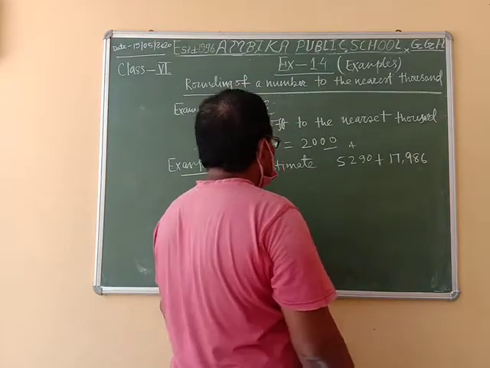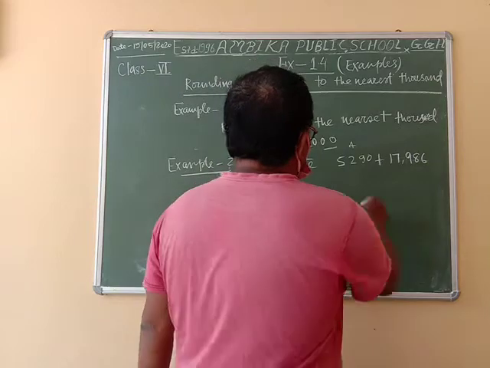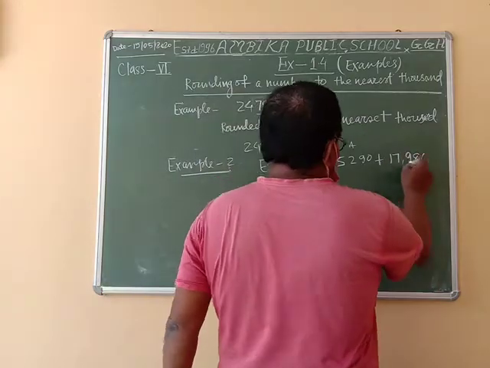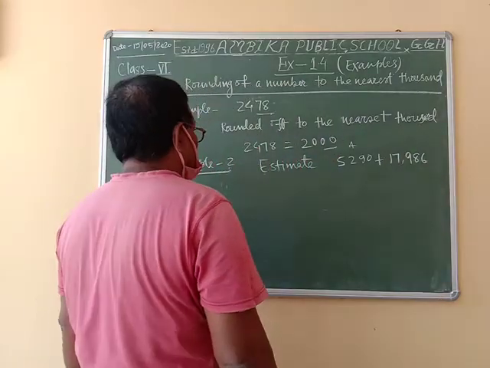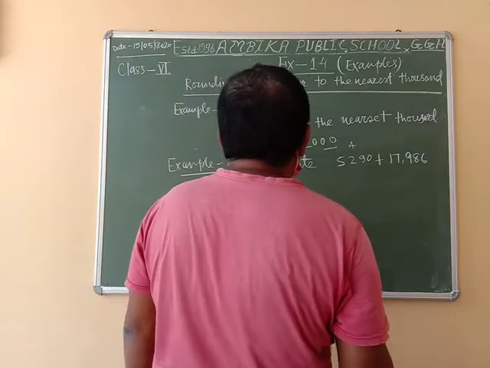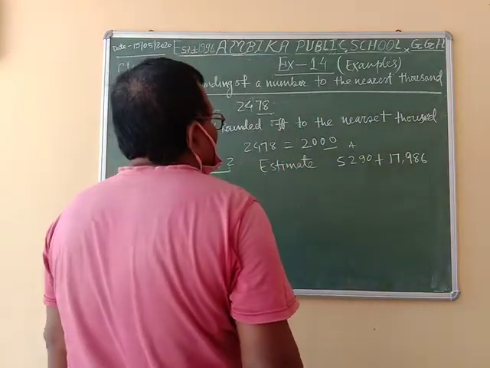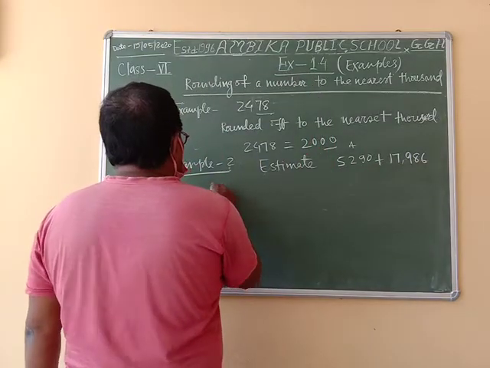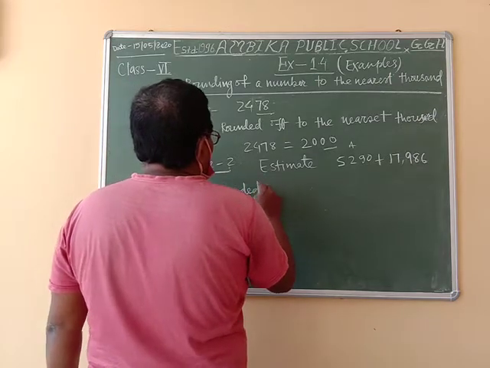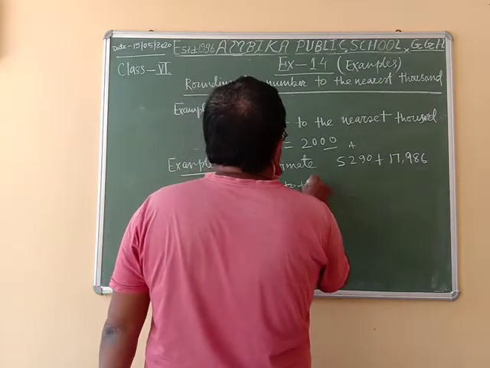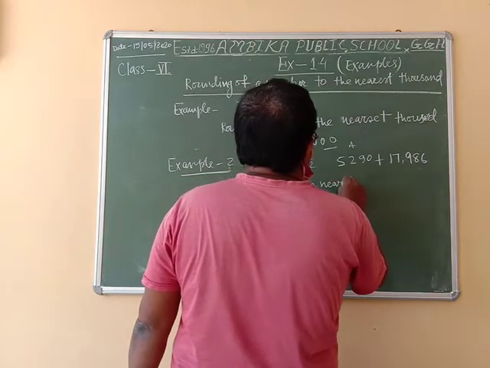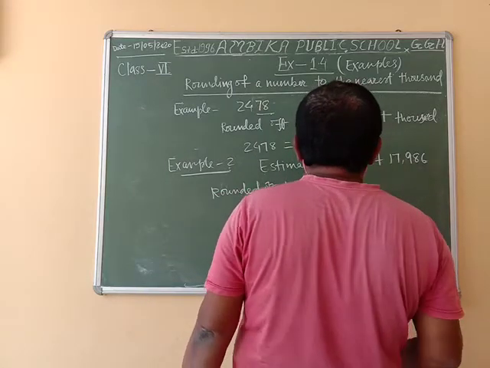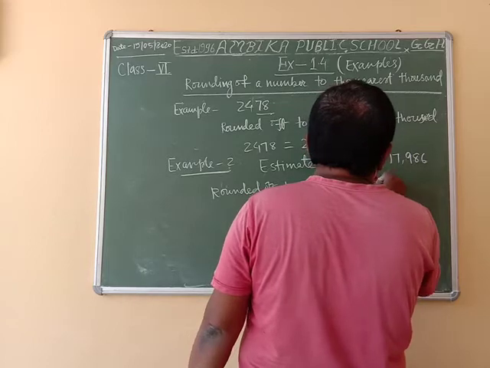Here we see that in the first number there are 4 digits, and in the second number there are 5 digits. So we estimate the given numbers, rounded off to the nearest thousand.